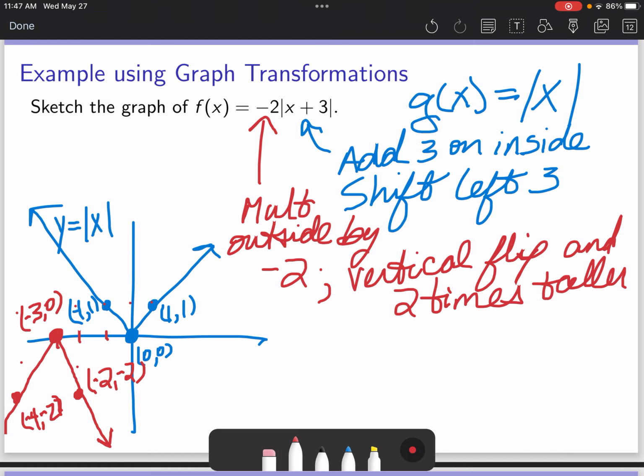It's still a V shape, but it's been flipped over vertically, shifted left 3, and 2 times taller. So it's a little bit skinnier. Oops, I don't know why that last line disappeared.